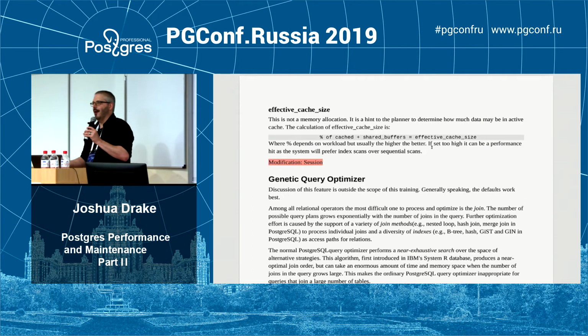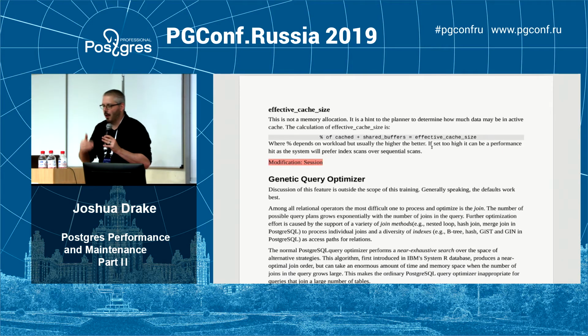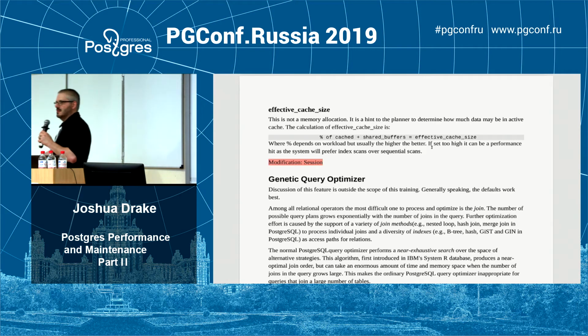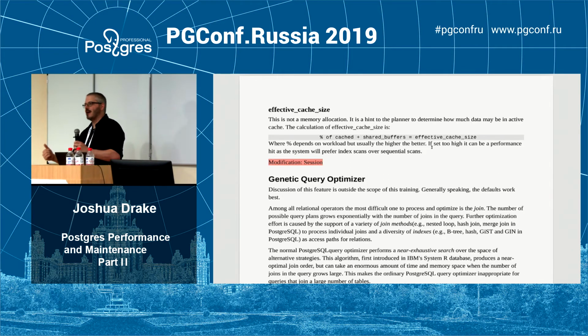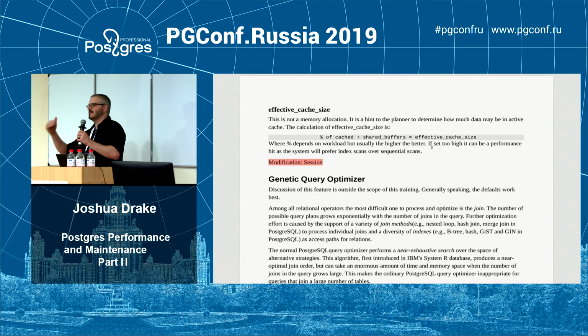Again, not really a difference in cost. So the goal here is not to worry so much about whether or not you're going to hit an index scan, but to make sure you actually will hit the index scan. That's what effective cache size effectively does, is it says, I know that this data is cached, and therefore not sequential scanning is going to be faster. And remember, it is not a memory allocation.